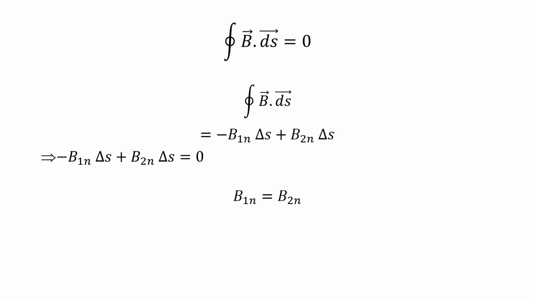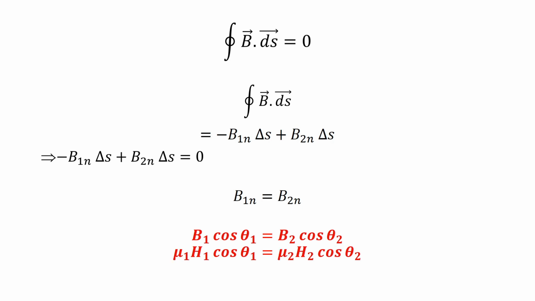That is, the normal components of magnetic flux density are equal. That is, B1 cos theta 1 is equal to B2 cos theta 2. In terms of magnetic field intensities, mu1 H1 cos theta 1 is equal to mu2 H2 cos theta 2.